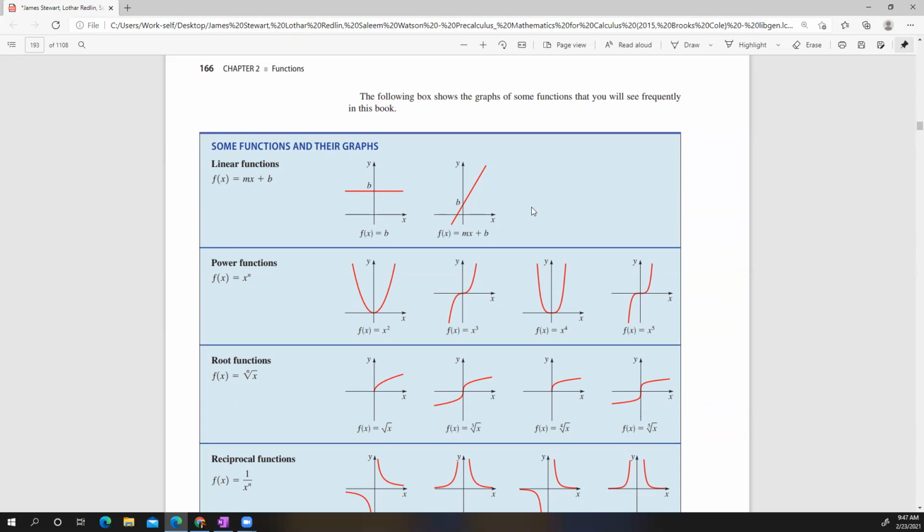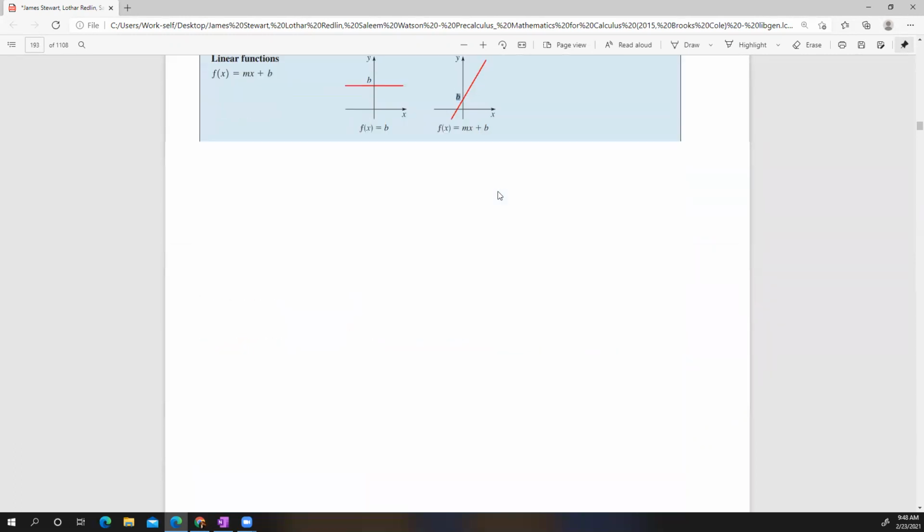You just look at the line, it's the vertical line itself, so it will not correspond to the graph of a function. So for lines, we just have these two cases. These are called linear functions, of the form mx plus b. The first corresponds to a slope of 0, and the other corresponds to a slope that is non-zero.